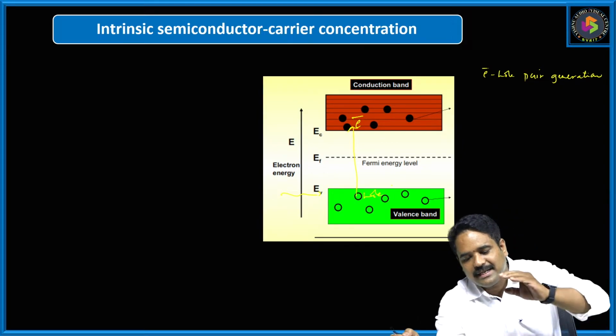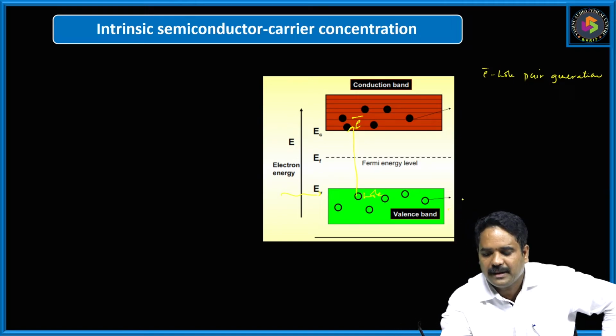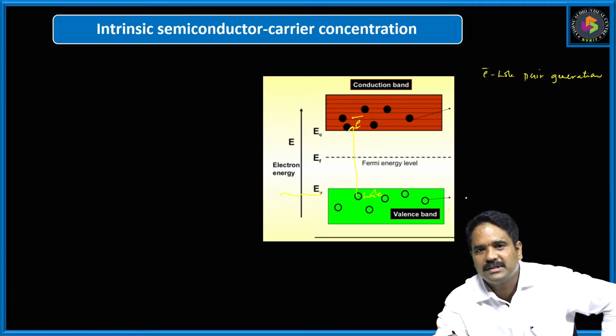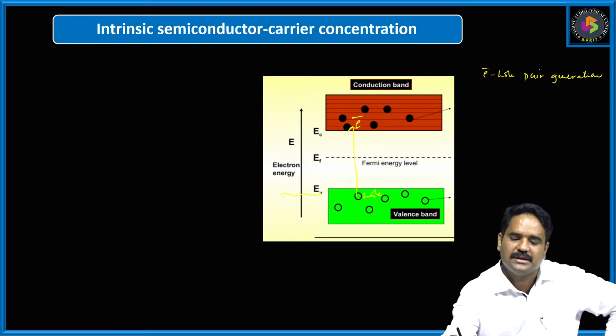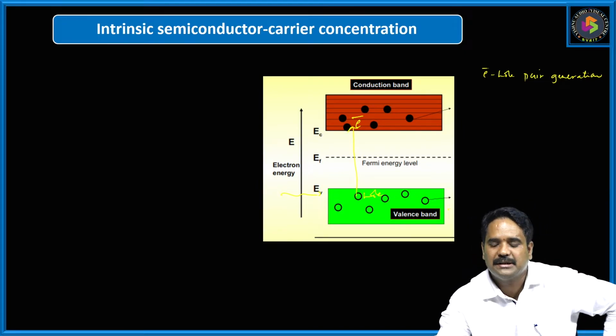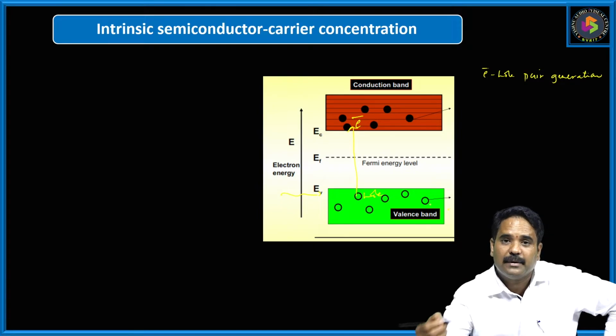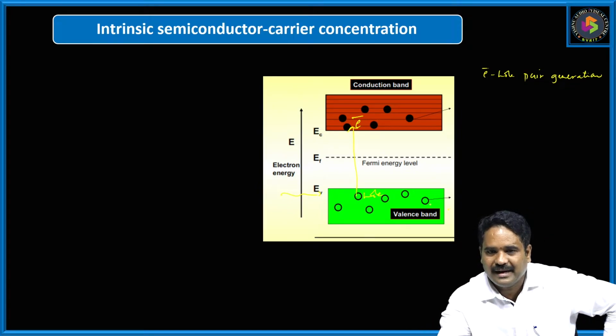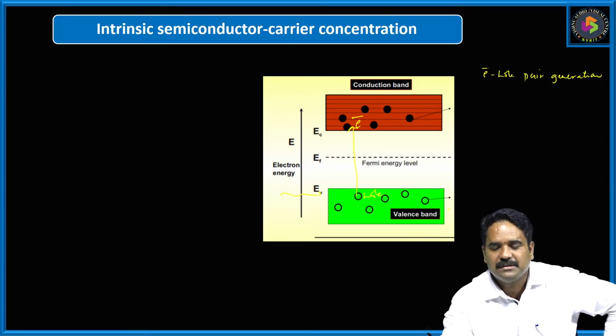If two electrons make the transition from the valence band to the conduction band, two holes are generated in the valence band, and simultaneously two electrons are generated in the conduction band. If n number of electrons are excited from the valence band to the conduction band, n number of holes are generated in the valence band and n number of electrons in the conduction band.